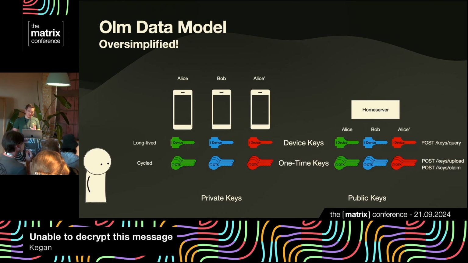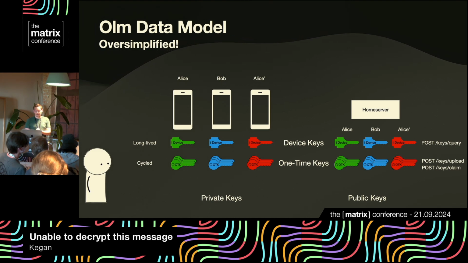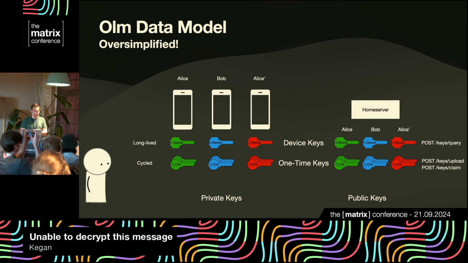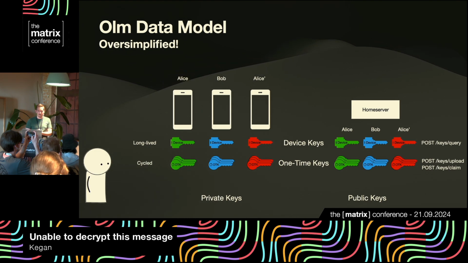A final way of thinking about this is a very oversimplified data model, whereby if you have a device, your device is going to generate a bunch of keys. The important keys here are device keys and one-time keys. Device keys are long-lived identifiers for the device, and one-time keys, hopefully made obvious by the name, are used once and then never again.